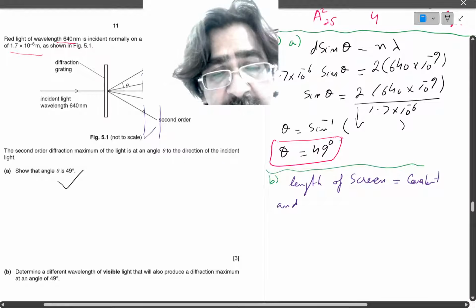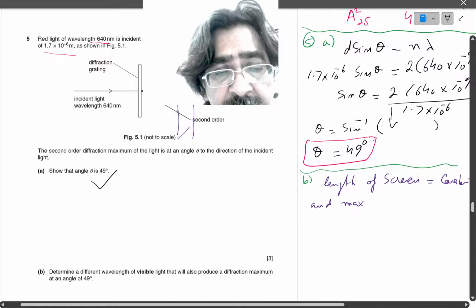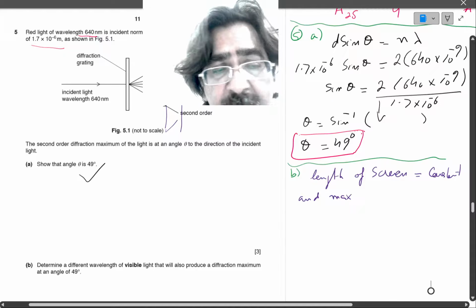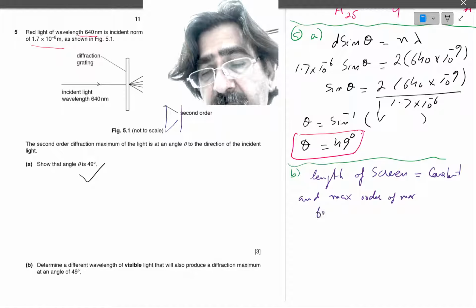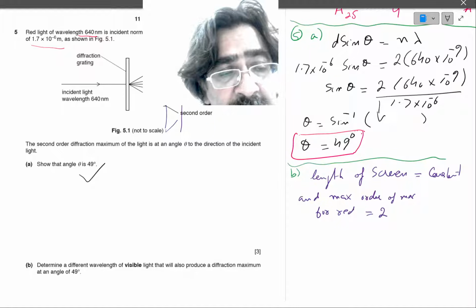And the maximum order of maxima for red is 2.